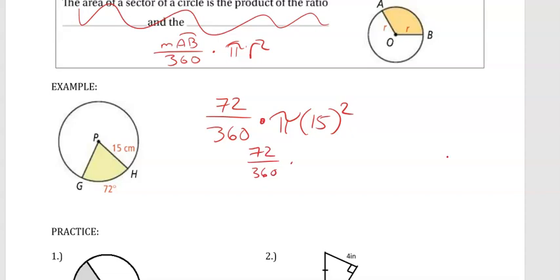So that could be thought of as this arc or this central angle. They mean the same exact thing. What do you guys get when you math frac 72 over 360 times 225? 45 pi. Great.